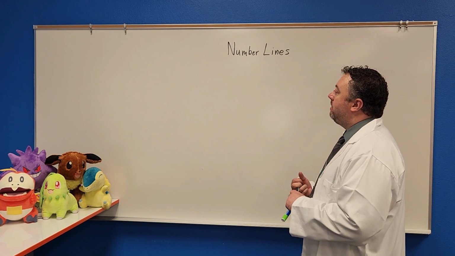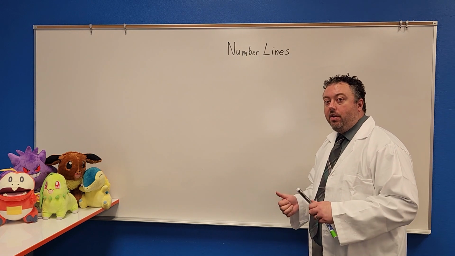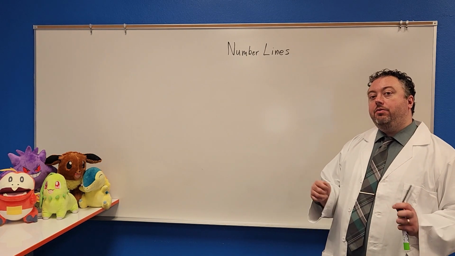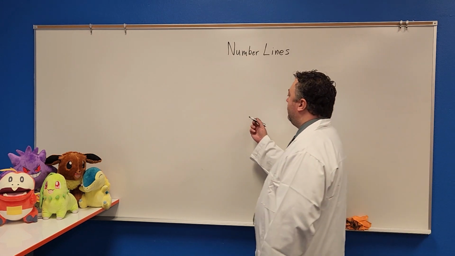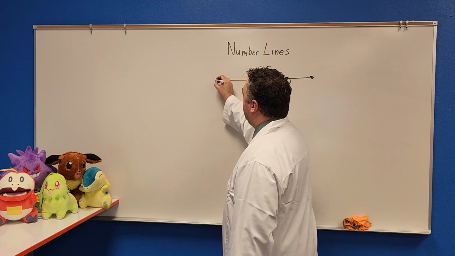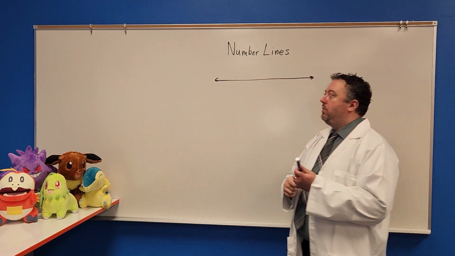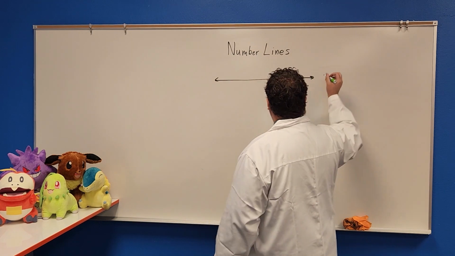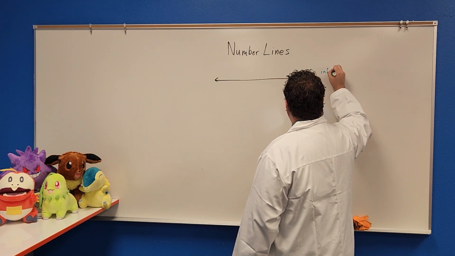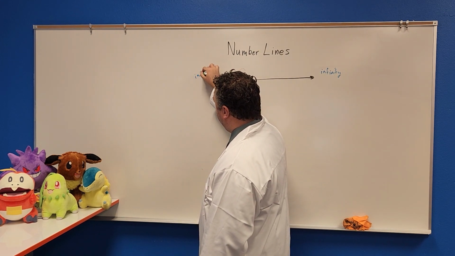Now, there are certain characteristics of these number lines that must be true. If these characteristics are not true, you do not have a number line. For starters, this number line is in fact a line. That means it goes on to infinity in both directions.